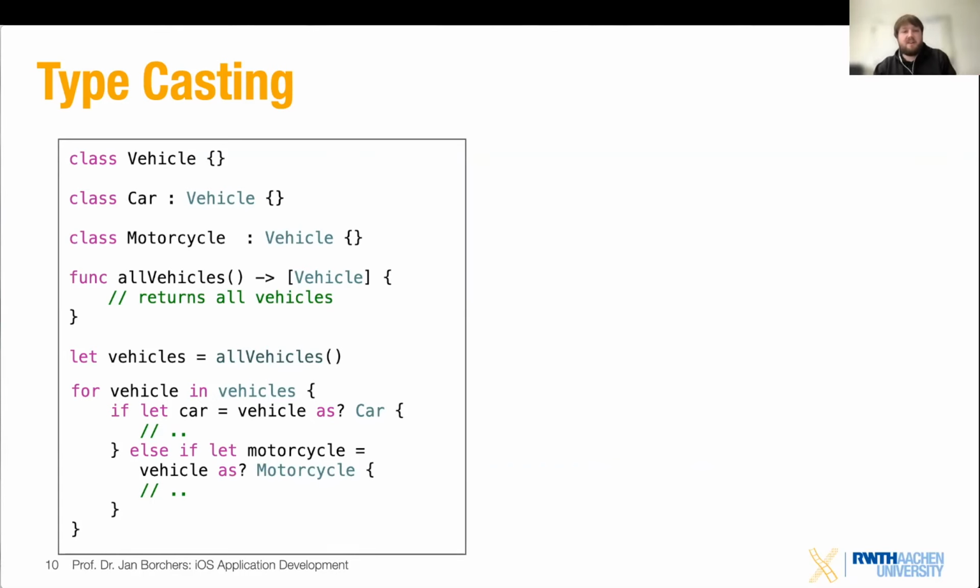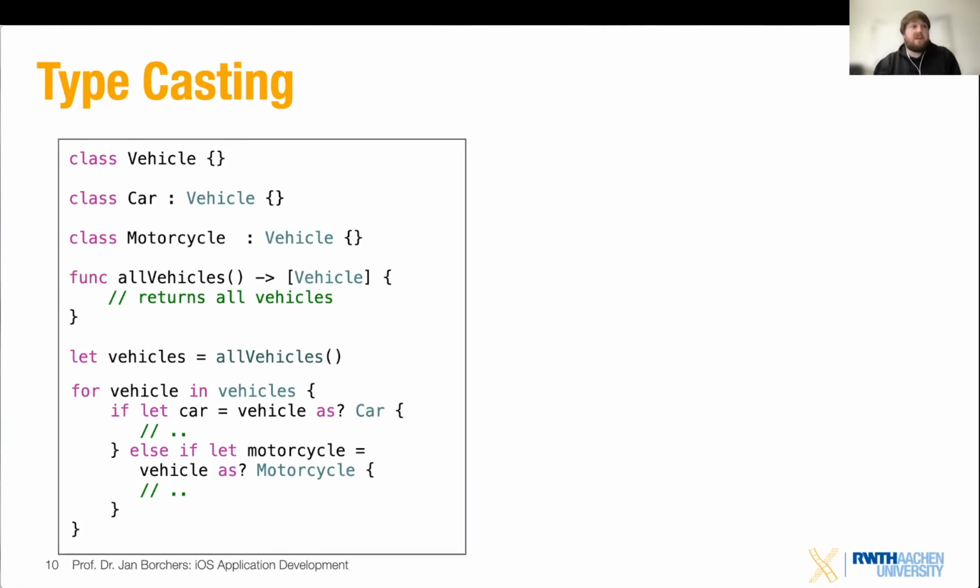So what this does, it's trying to cast the vehicle that I'm currently working with as a car object. And if that works, then I'm assigning that to my new constant, and this will be true, and I can inside these brackets work with the car constant, and I will be sure that this is a car. So I can call all the different car functions that I've defined on that.